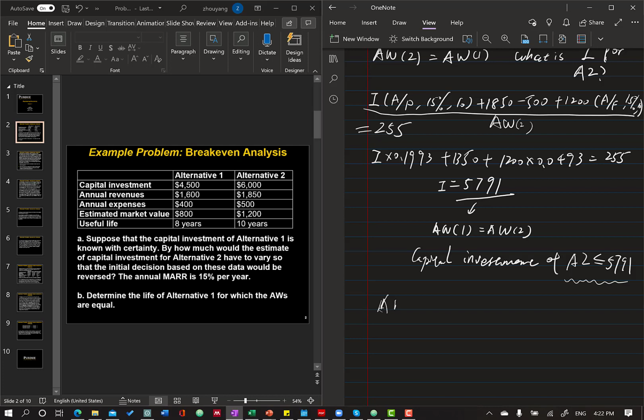Since we want a better alternative 2, we set annual worth 2 greater than or equal to the annual worth of alternative 1, which equals 255, and we still get the conclusion that I will be less than or equal to 5791. And we are done for problem A.